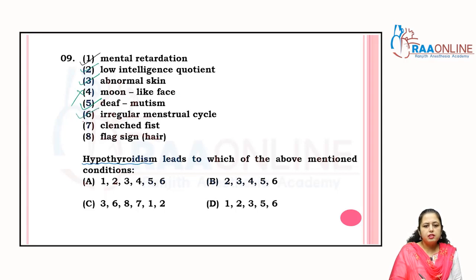Irregular menstrual cycles are seen. Clenched fist, no. Flag sign, no. So all these symptoms are related with hypothyroidism. Clenched fist and flag sign are both seen in case of hyperthyroidism, clear.